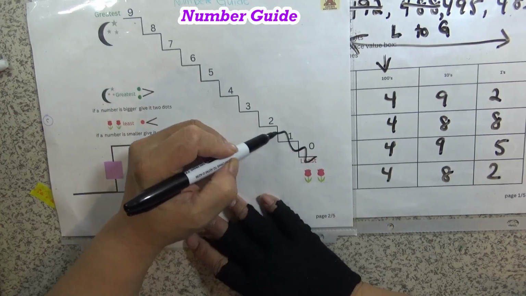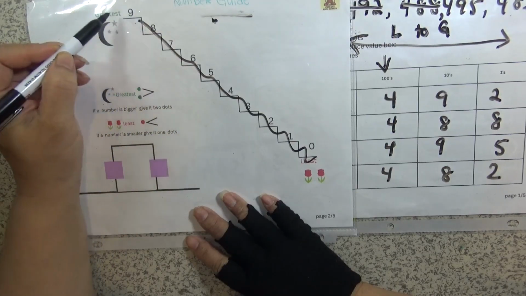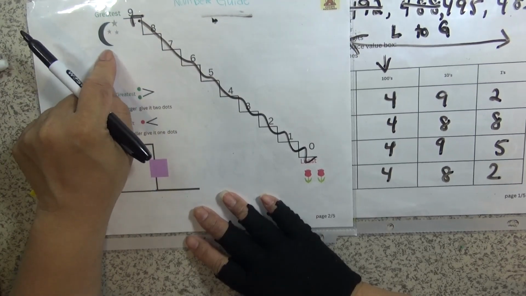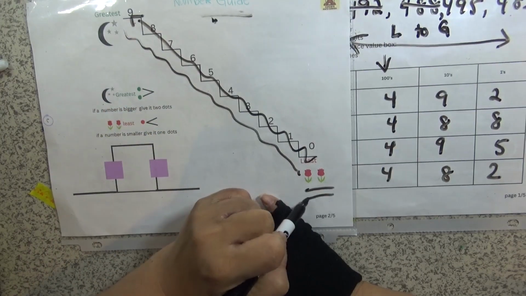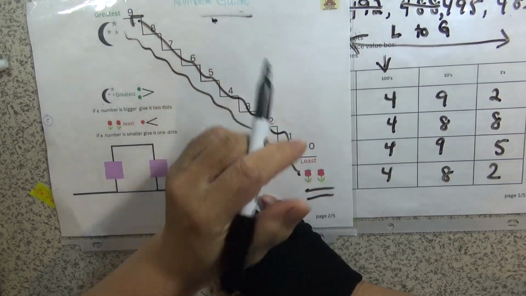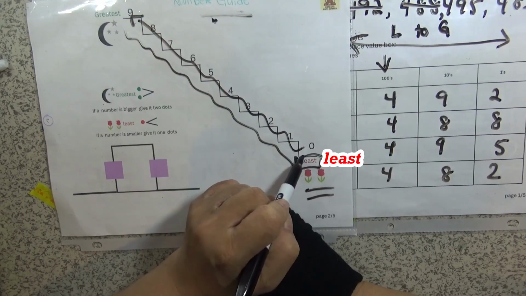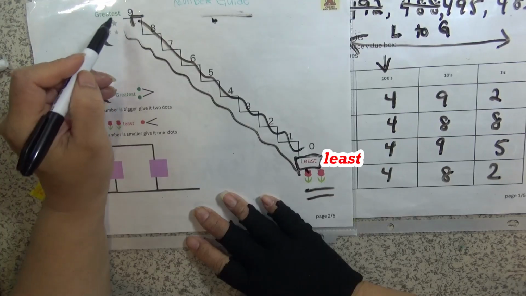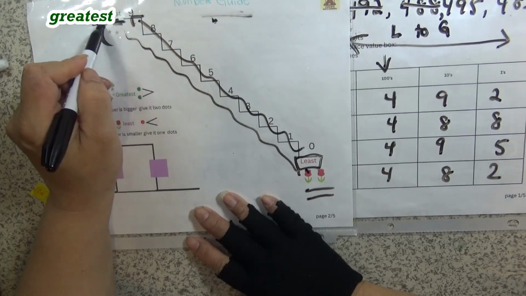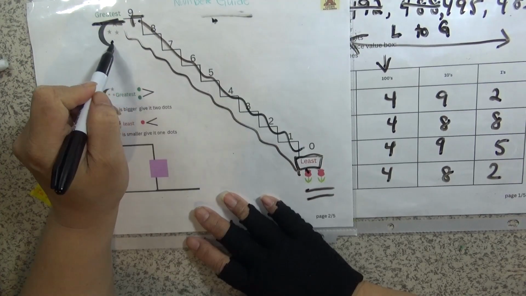The further you go up the stairs, you're going to head towards the moon, but the further you go down the stairs, you're going to hit some tulips. So the bottom of the stairwell would be called least. The top of the stairwell is greatest. So that means you're going to get to the moon.